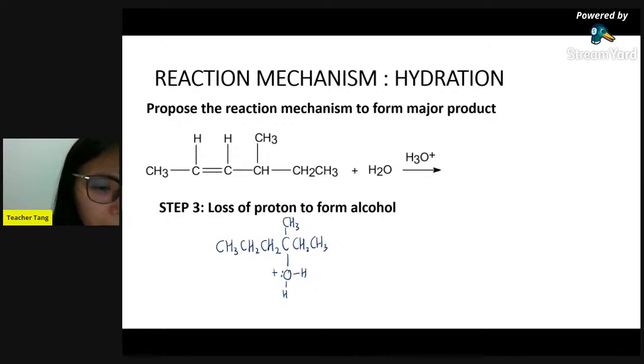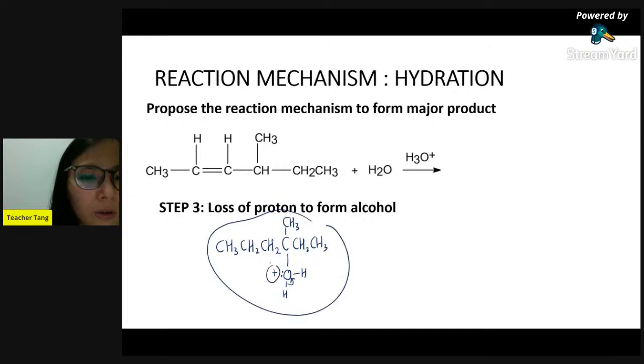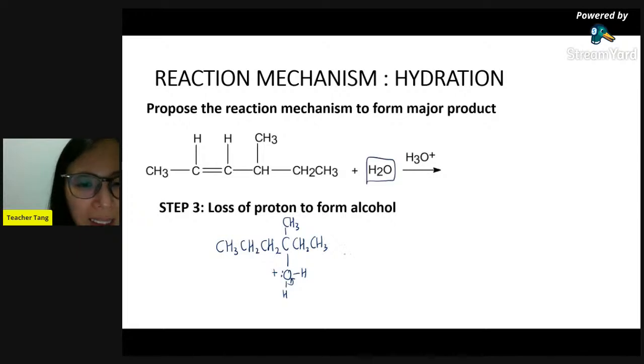So apabila bond break, it will go to oxygen sebab more electronegative. Then someone needs to take the hydrogen. So overall protonated alcohol has positive charge. So dia miskin electron. So kalau miskin, it needs to react with water yang kaya elektron. So the water will use the lone pair of oxygen untuk ambil the hydrogen.